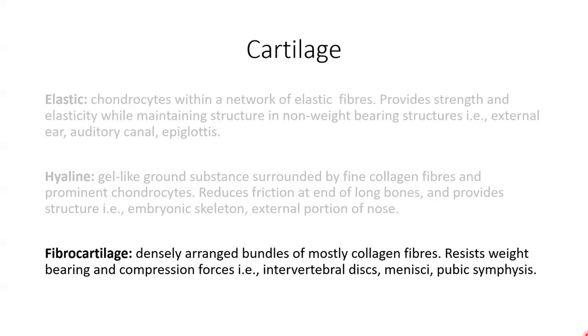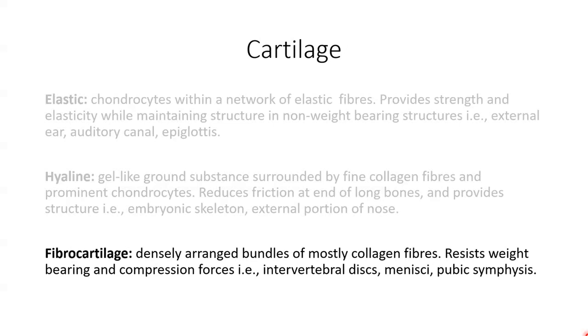Lastly, we have fibrocartilage, which is made up of chondrocytes among really thick bundles of collagen fibres. Fibrocartilage is found in regions that bear weight. So this could be the pubic symphysis, which is where your two hip bones meet at the front. The intervertebral discs, which sit in between the vertebrae in our spine.